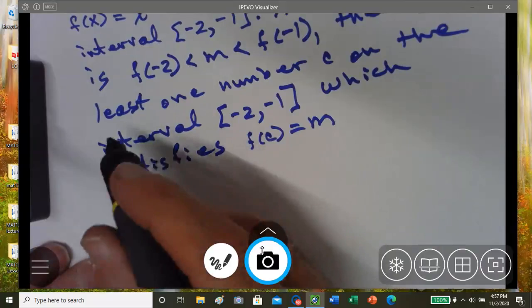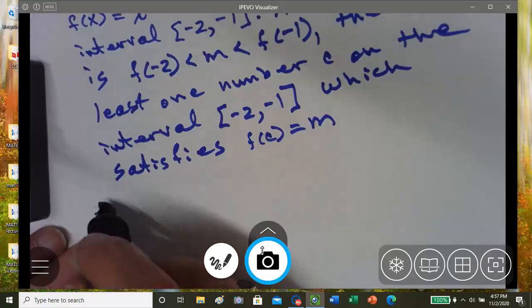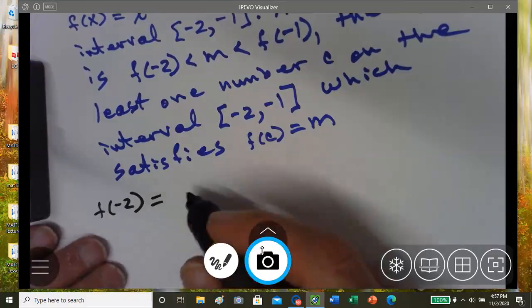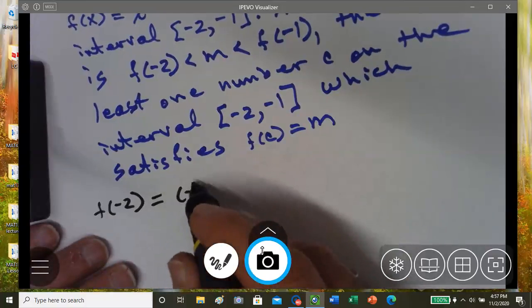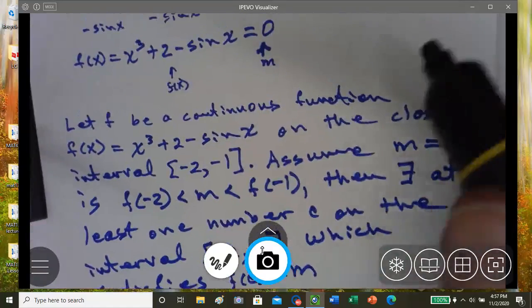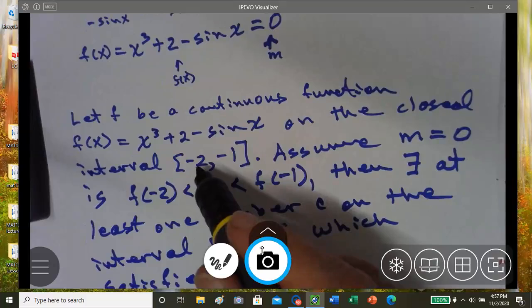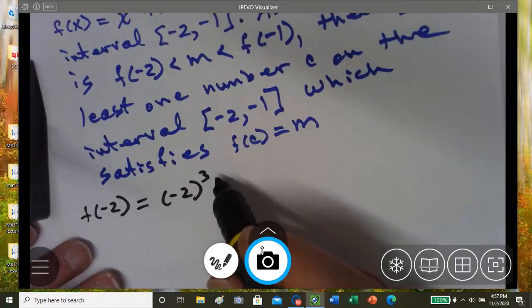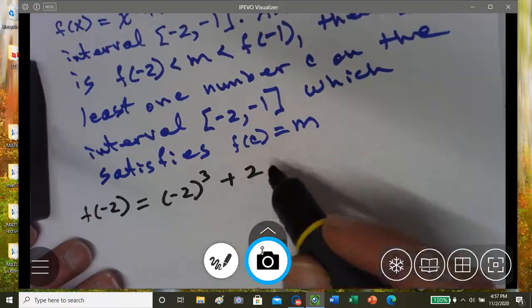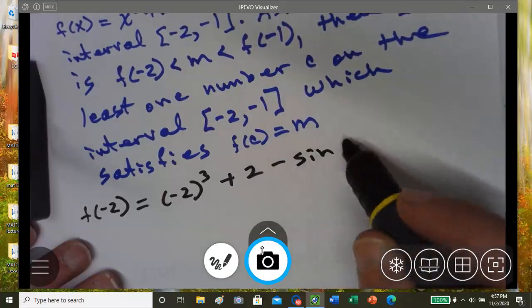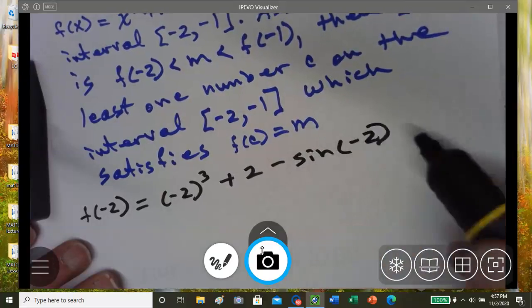So we have here f of -2 equals -2 cubed. So we're doing the left endpoint now. So that's f of -2 equals -2 cubed plus 2 minus sine of -2.